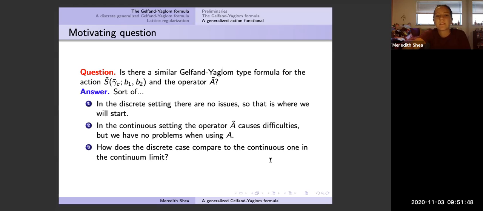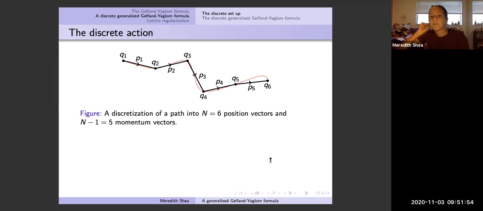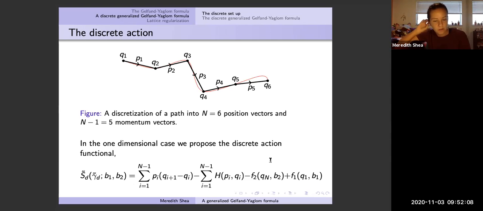Okay. Thanks. Okay, so the next thing to do is discretize the whole thing. So how do we do this? We take a path and we discretize it into n position vectors and n-1 momentum vectors. And so once we do that, we should propose a discrete action functional, which we do.